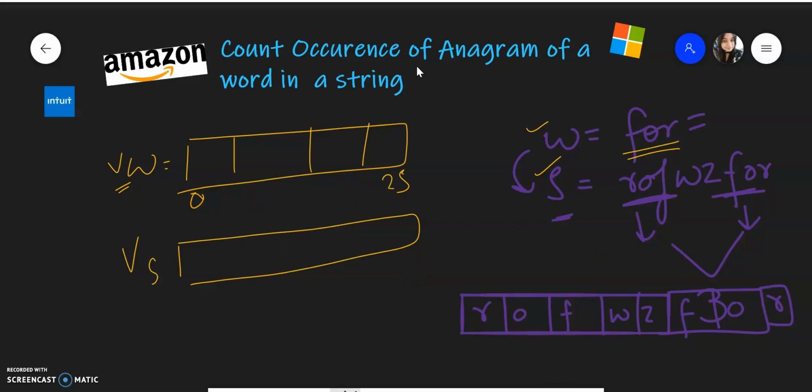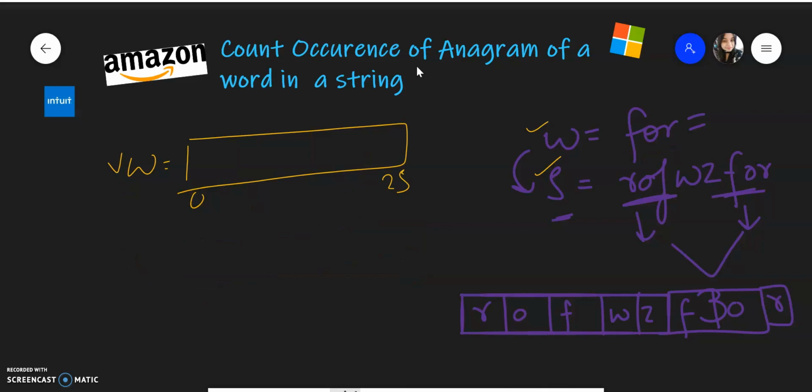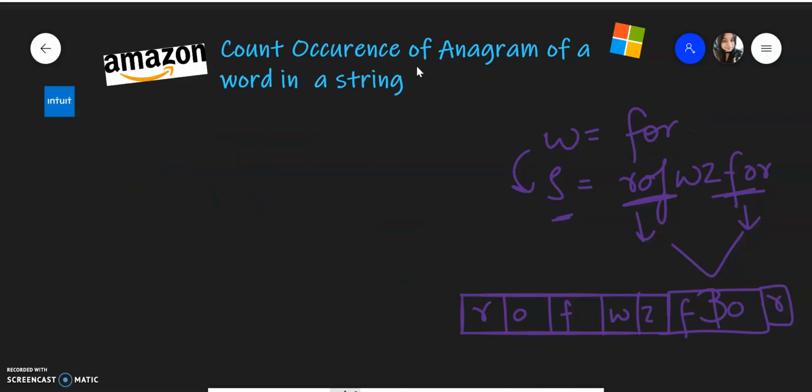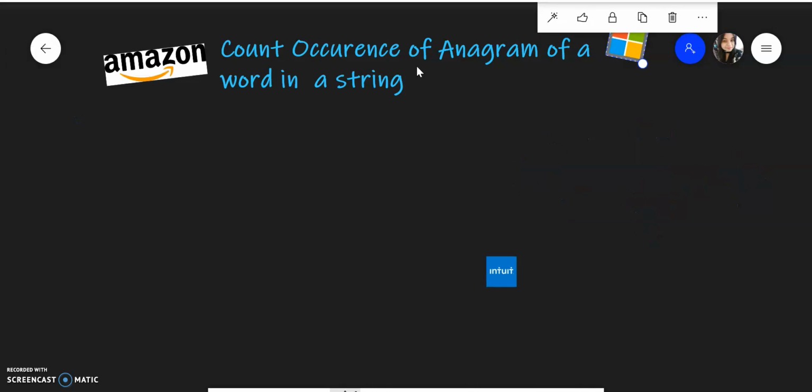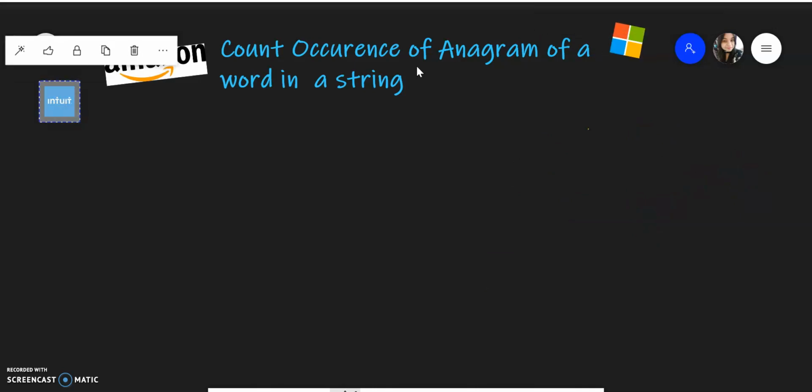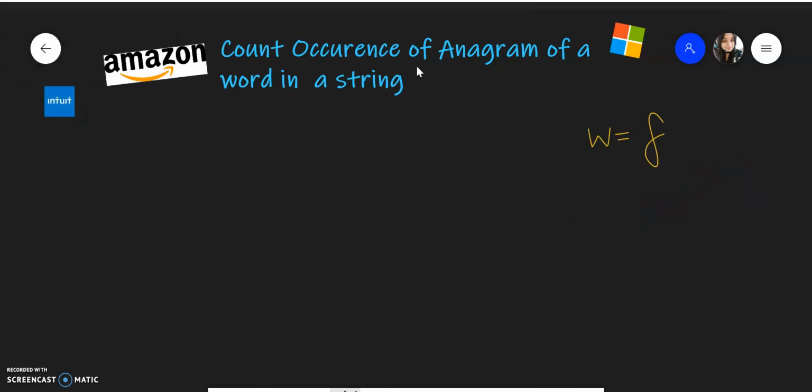Let's first delete everything and write this properly. So W we are given for, and suppose the string we were having is ROFWZFOR, right?